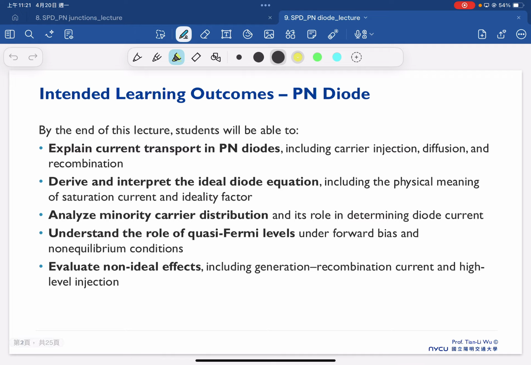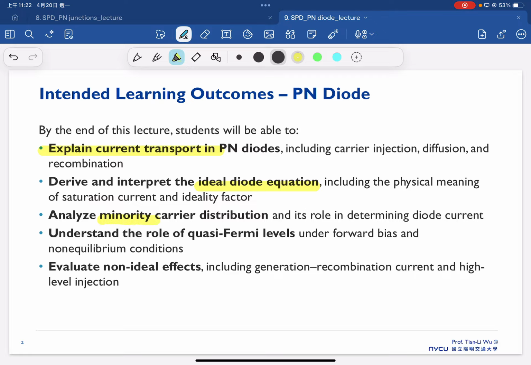So we expect to learn what the current transport is in the PN diode. That's very important, because as a device, in the end we hope to conduct current in one direction.